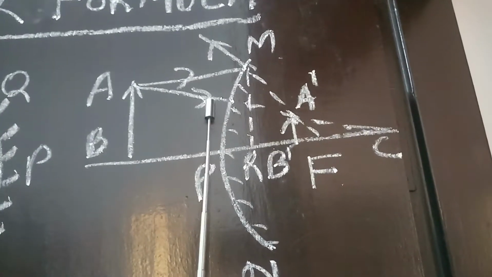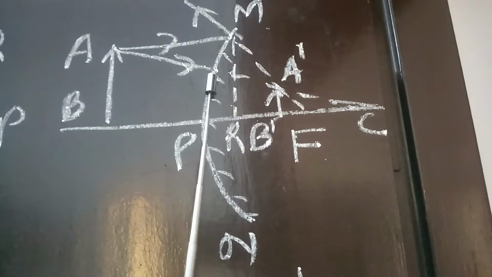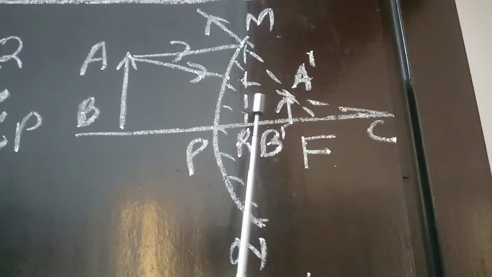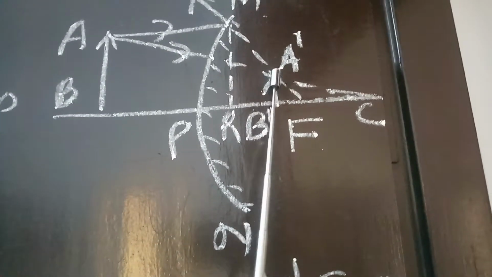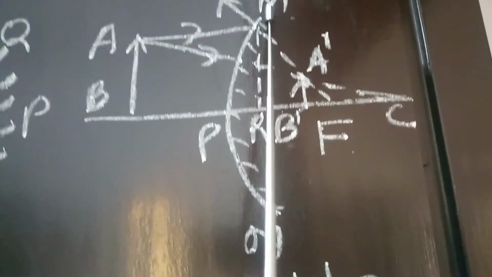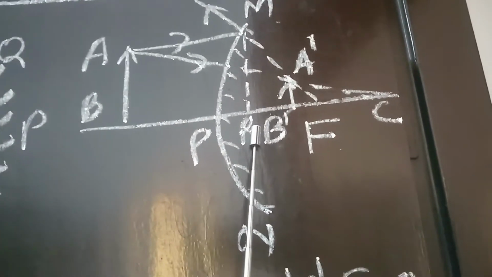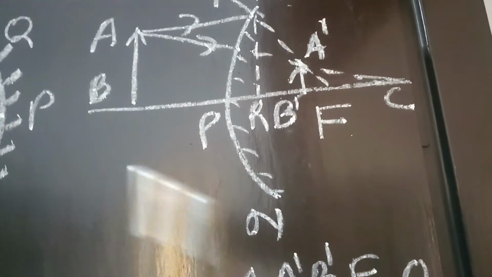Another ray is incident towards the center of curvature and it returns back in the same direction. Both the rays appear to intersect at this point. A dash B dash image is formed. This is point Q. From here we draw a perpendicular, that is QR.